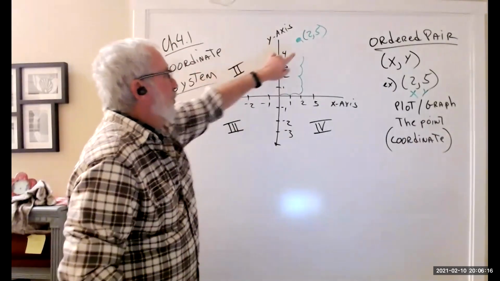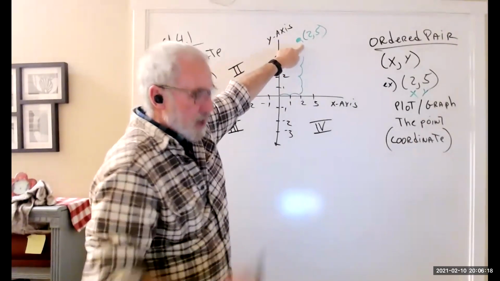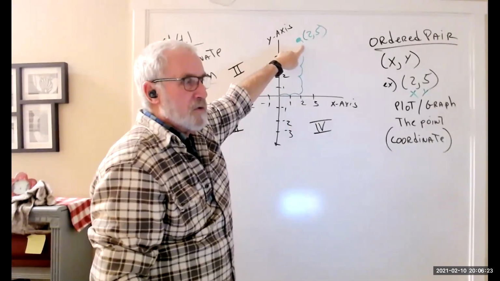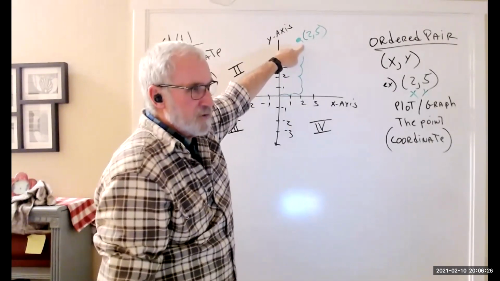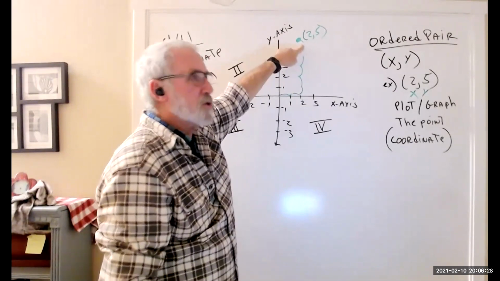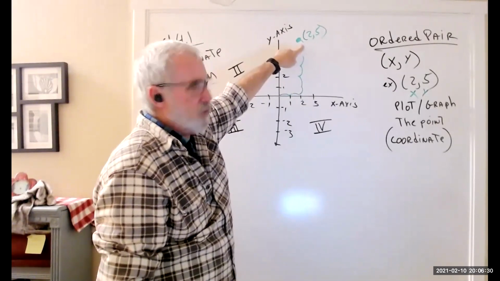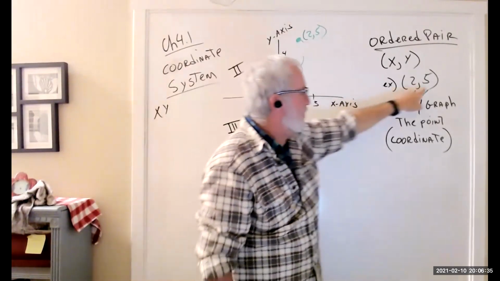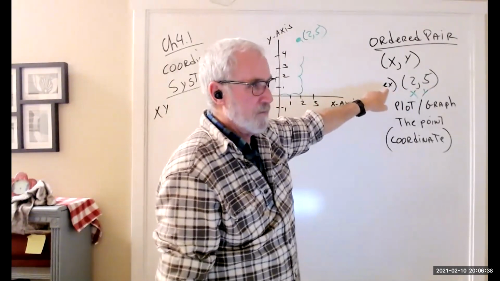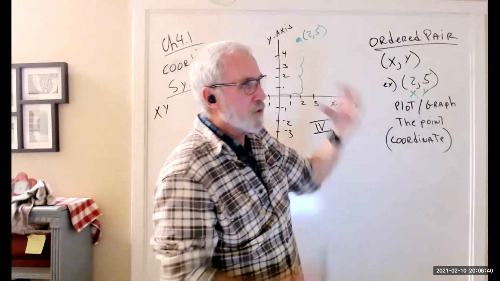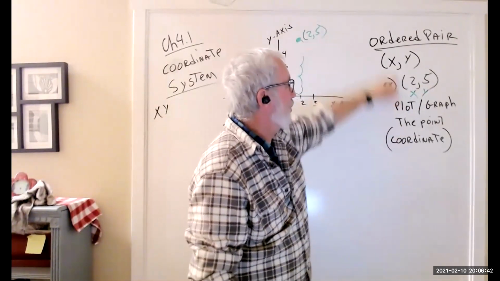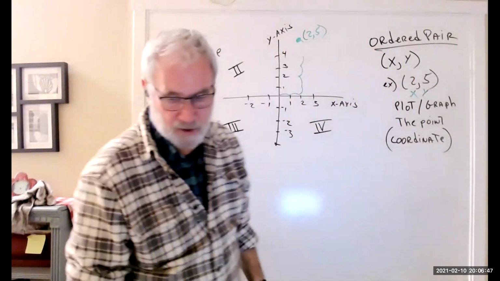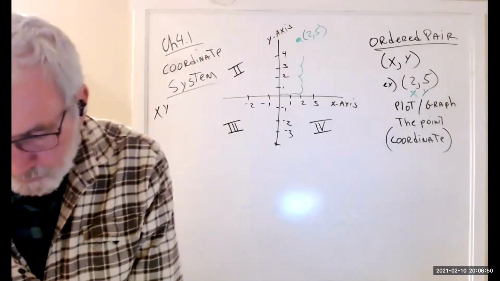Look where I'm pointing: this is the ordered pair 2, 5. This is the point 2, 5. This is the coordinate 2, 5. They're all the same. Notice they always have a parenthesis around them. So when you're talking about a point or a coordinate or an ordered pair, it always has a parenthesis around it. That will never change.